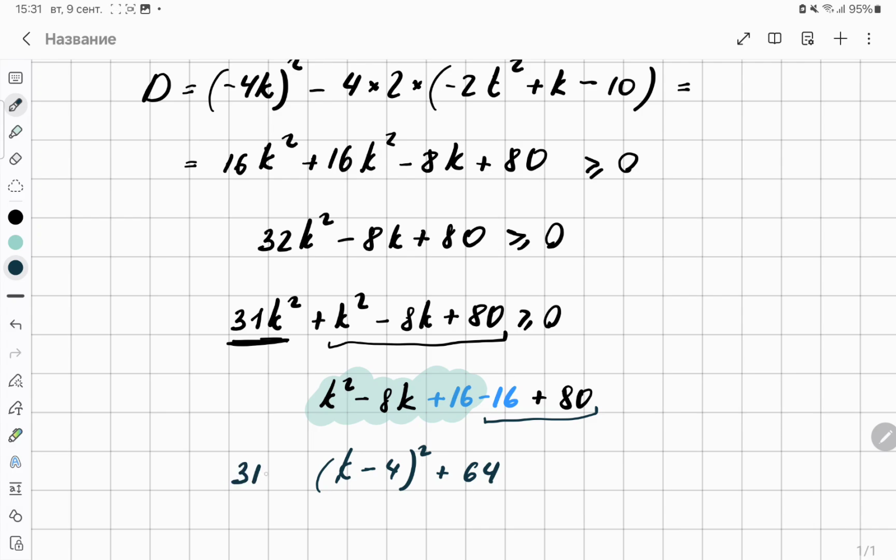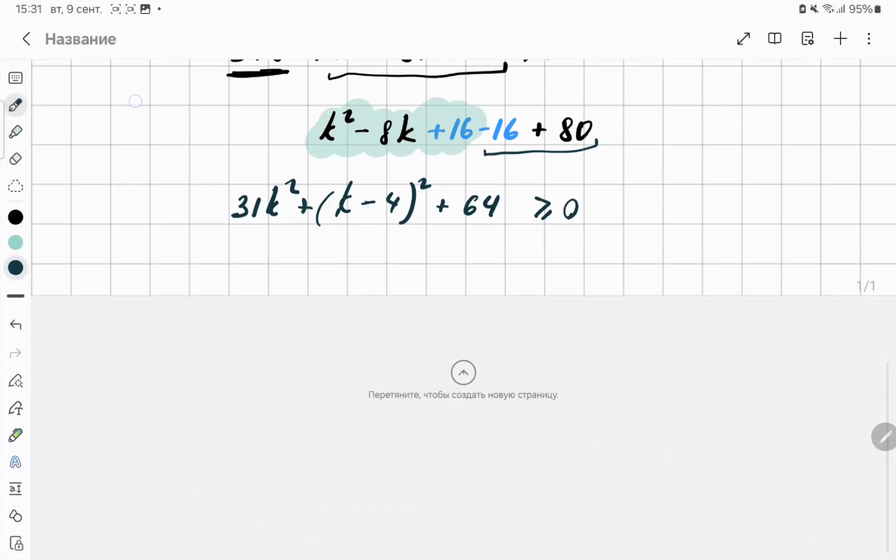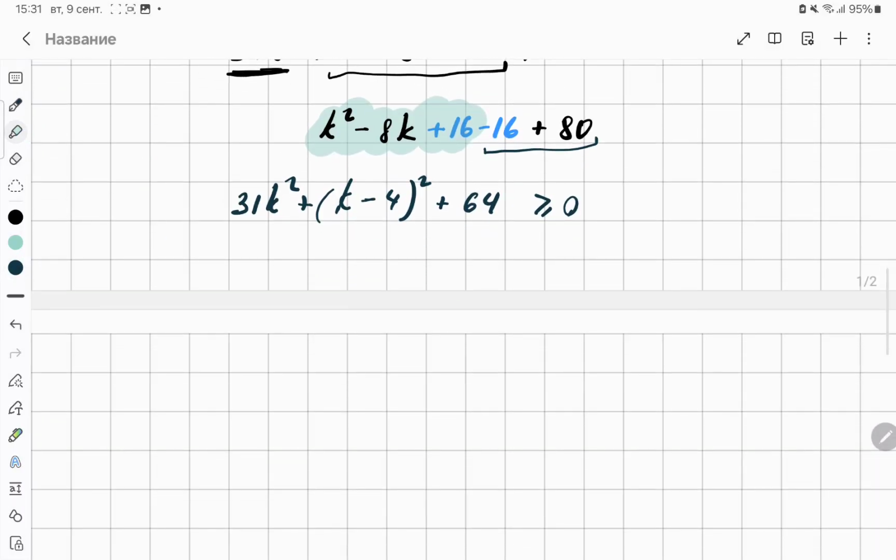Just don't forget to write one more term. Now you see that this first term is always positive, and this one is always positive because it is an expression under the square. So we have a positive number plus 64, which is always positive. No matter what k is equal to, our expression on the left hand side is going to be positive.